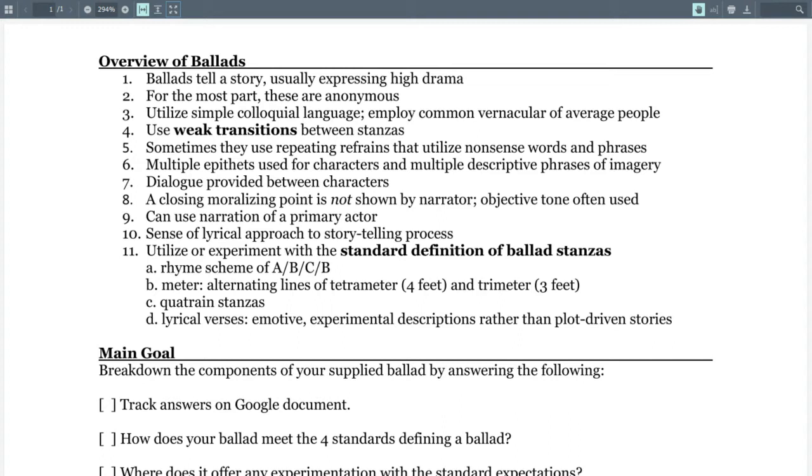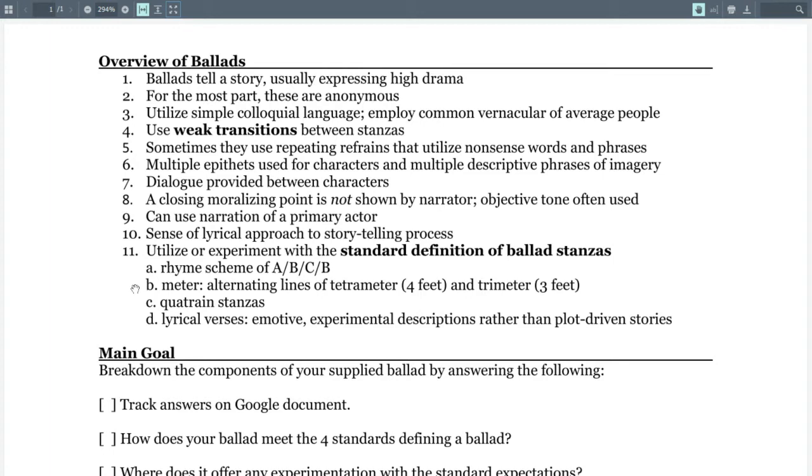Having said that, you may come across a song that has a rhyme scheme of A, B, A, B, in which all four lines are rhyming. Or it could be A, B, B. The important thing to get out of this, there should be a sense of a rhyme scheme chosen. More often than not, it would be A, B, C, B.